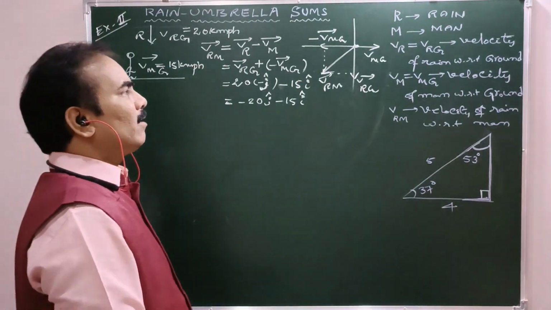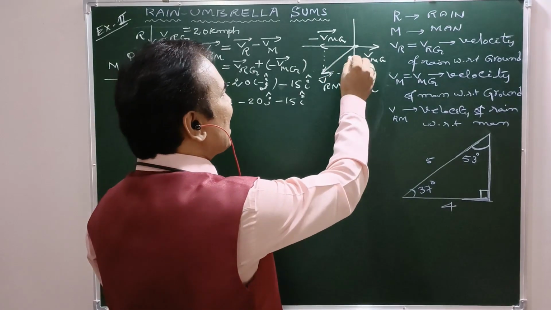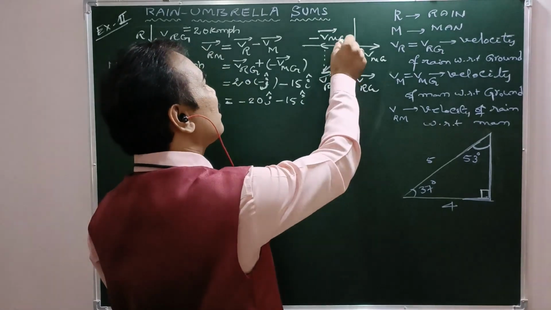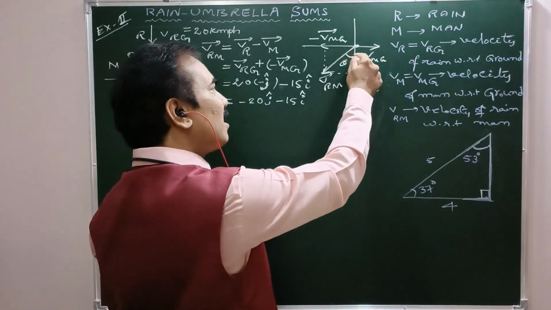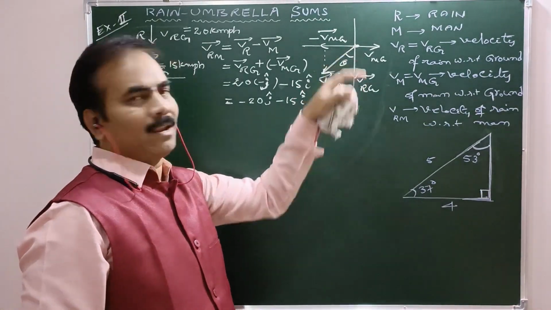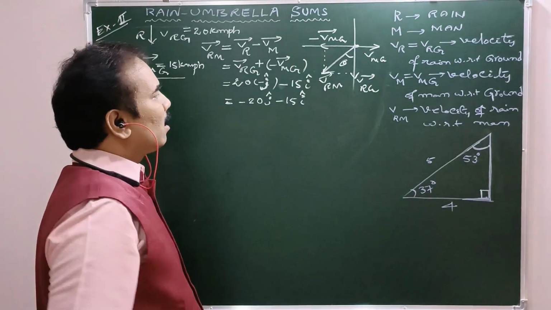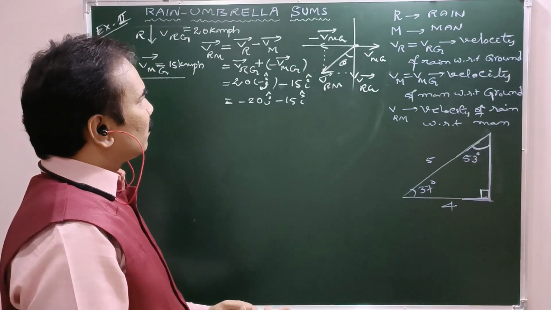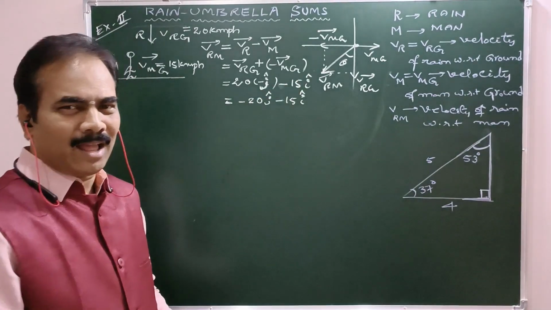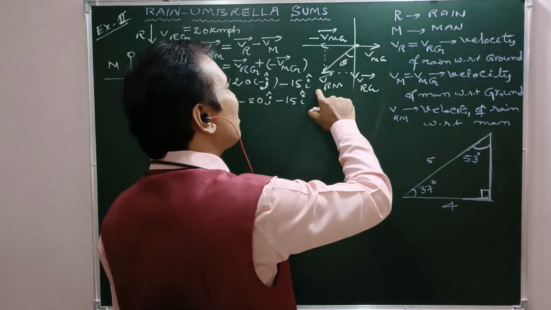Here we can say the direction of VRM by taking the angle either with vertical or horizontal. I am interested in taking it with vertical. See, theta is taken with vertical. Now, he must hold his umbrella to keep the rain away along the same line of VRM but opposite to VRM.